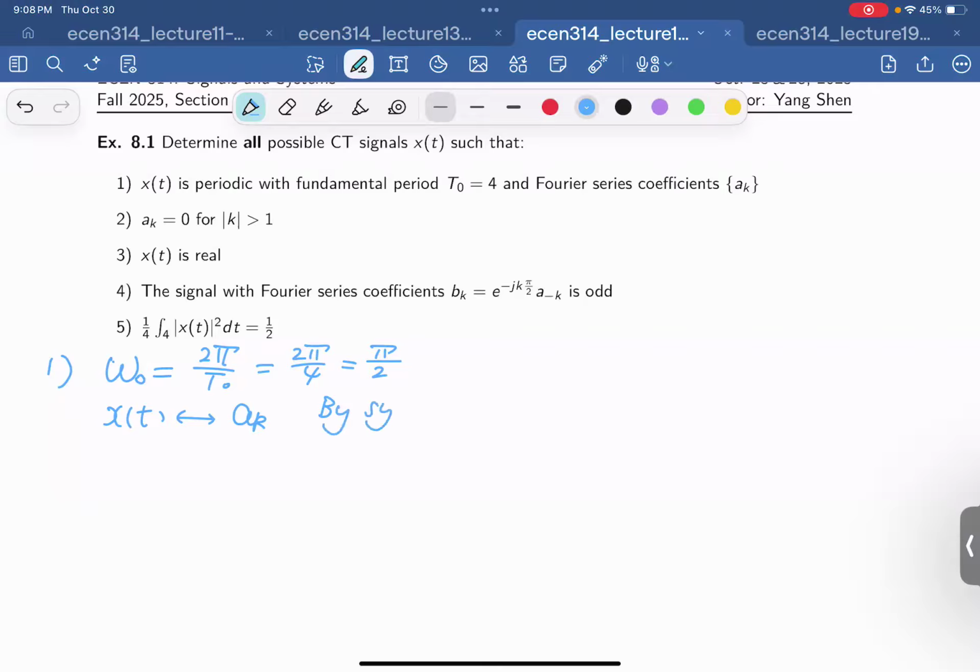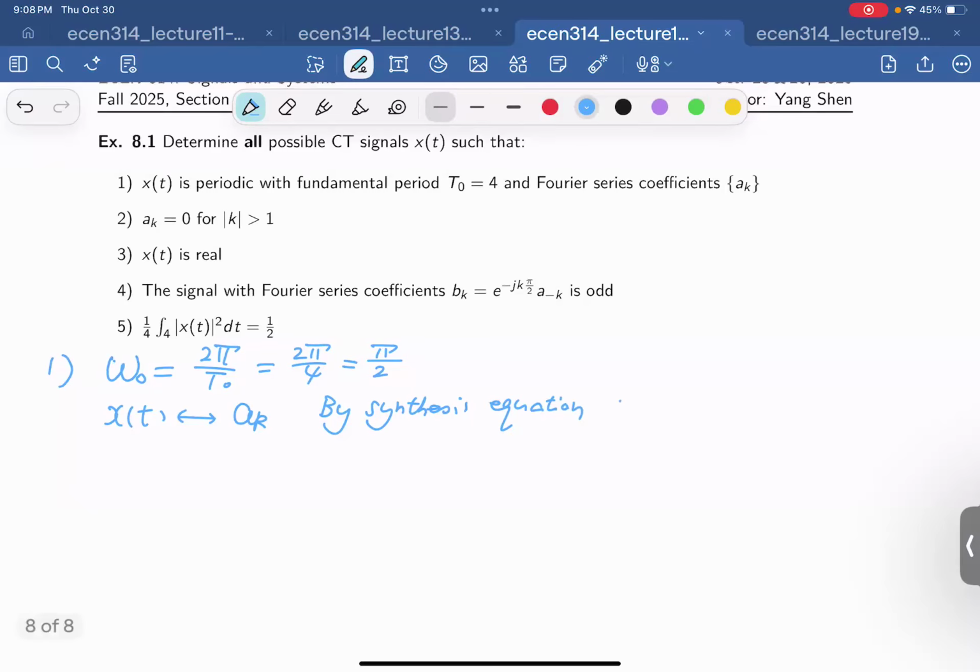By the synthesis equation, we can synthesize the signal x of t by linearly combining the basic signals. In the case of Fourier series, we are using harmonically related complex exponentials whose frequencies are discrete, specifically integer times the fundamental frequency.